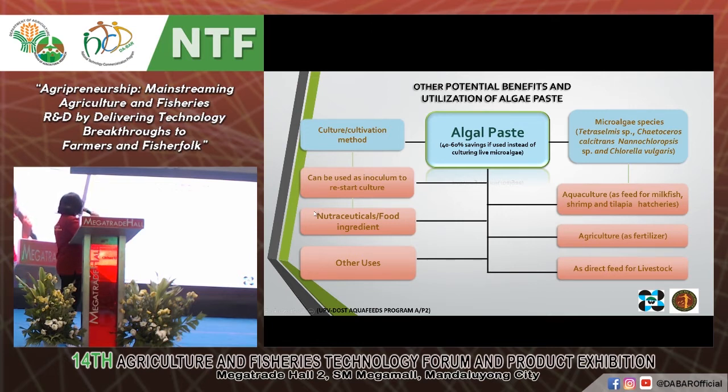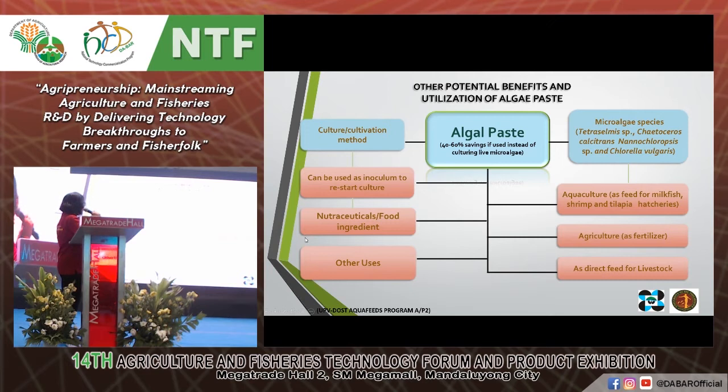Ito po yung sa algal paste, using algal paste can save 40 to 60% because of the cut in the use of facilities. And ito yung species na kinulture na pwede namin ilabas for aquaculture.